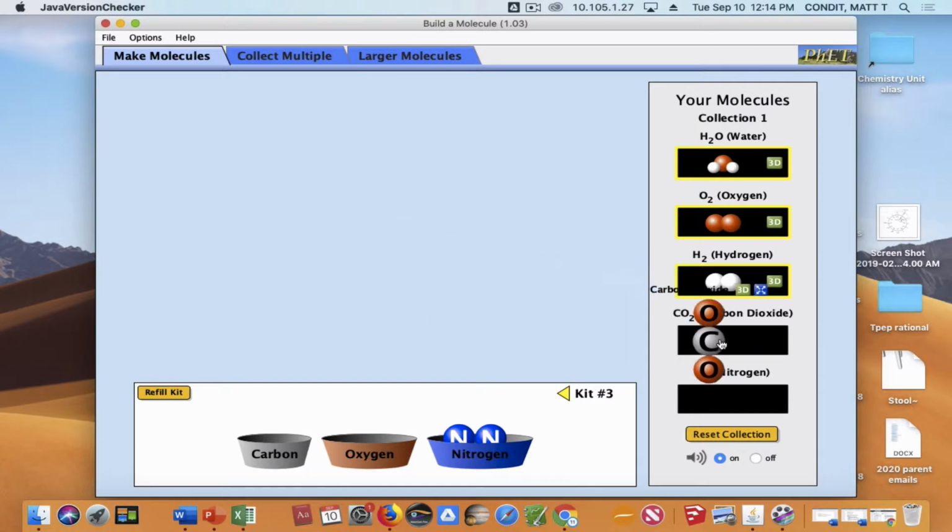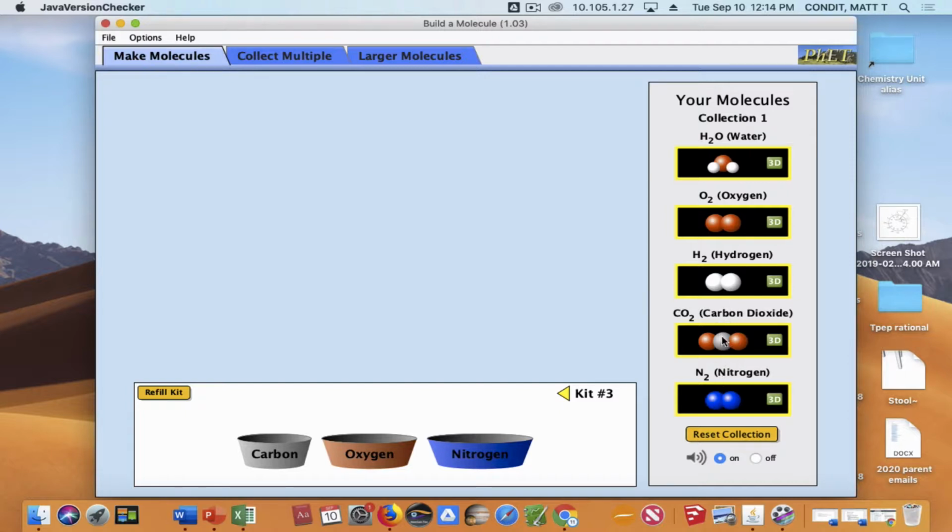And this again is both a molecule and a compound. And then finally, nitrogen gas will only be a compound. So we have molecule and compound, only compound, only compound, molecule and compound, and compound.